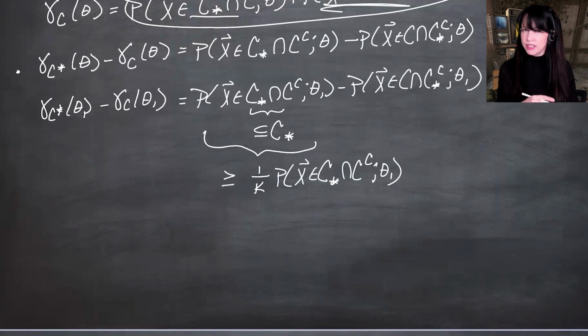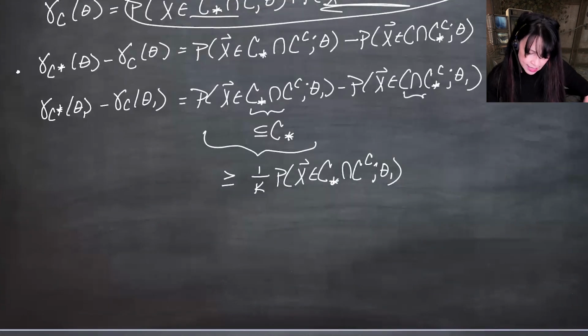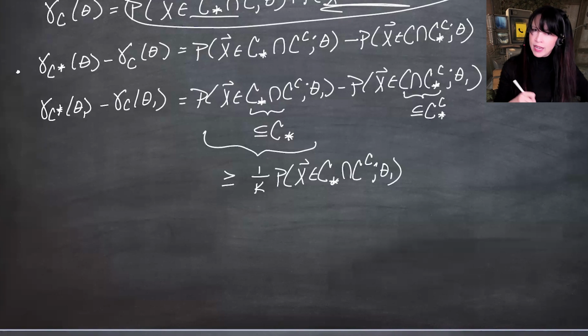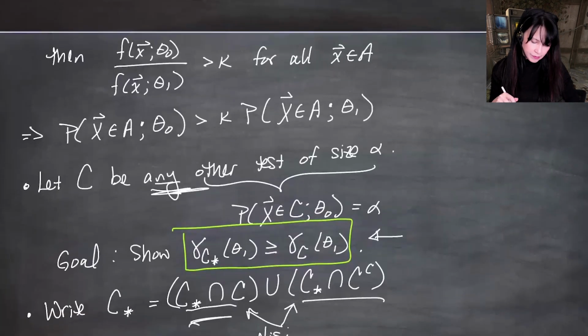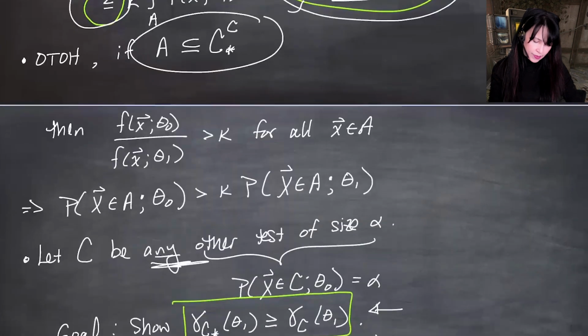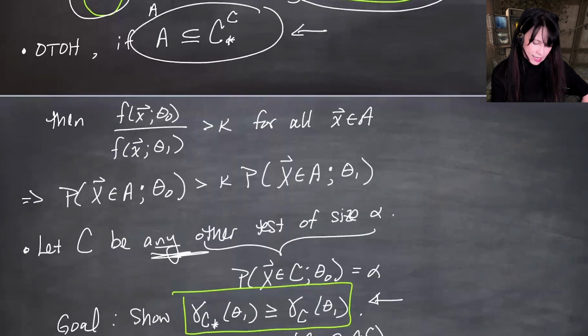That's me using that property we had above: if A is a subset of C star, then... And then over here, this set is in C star complement. So going back and using the property that if A is in C star complement, we have this.